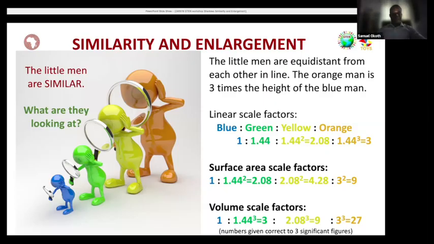The surface area scale factor is the square of the linear. So 9 is 3 squared, and the volume is the cube of the linear scale factor.